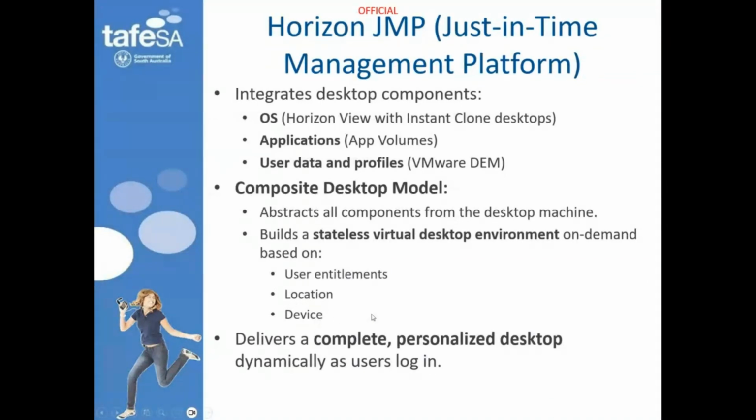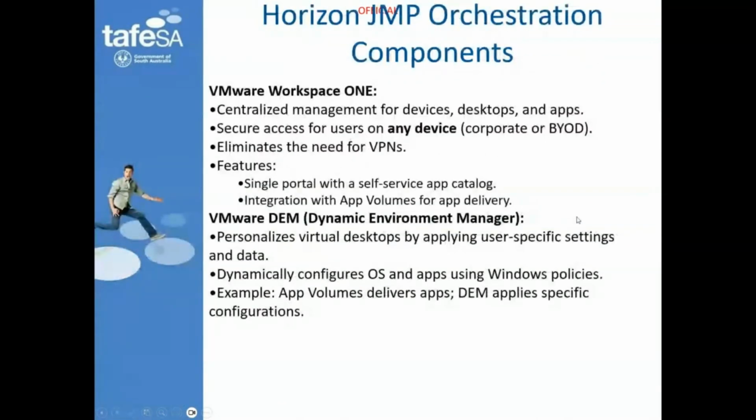If they're in a hotel room, for example, on a laptop or iPad, they might be sent to the cloud platform. It delivers a complete personalized desktop dynamically as the user logs on. So it builds the OS, application, and user data as they log on, and they get a personalized desktop because those three layers might be different to someone else's three layers.